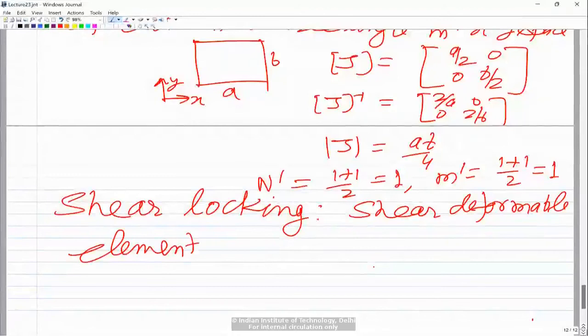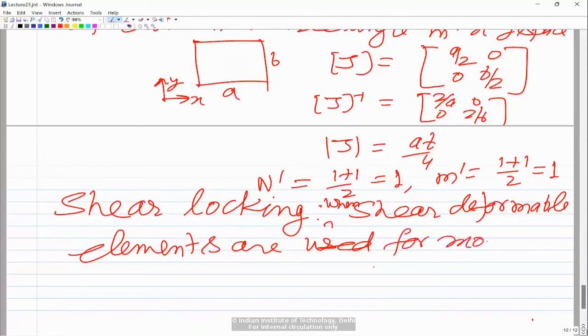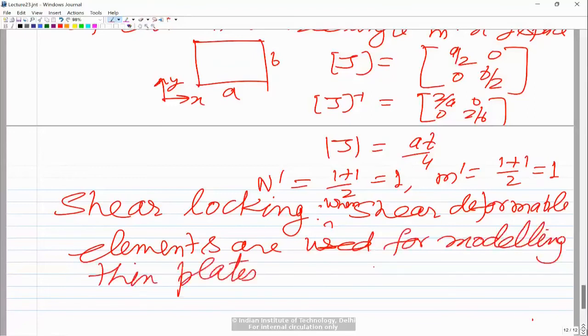So let me also say here, when shear deformable elements are used for modeling thin plates. Thin plates means, let's say, a by h is greater than 20, basically more than 20.